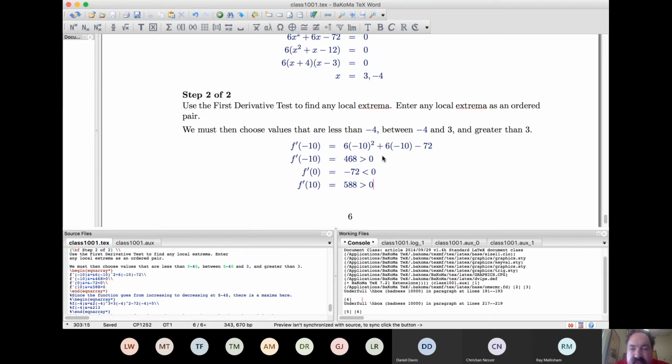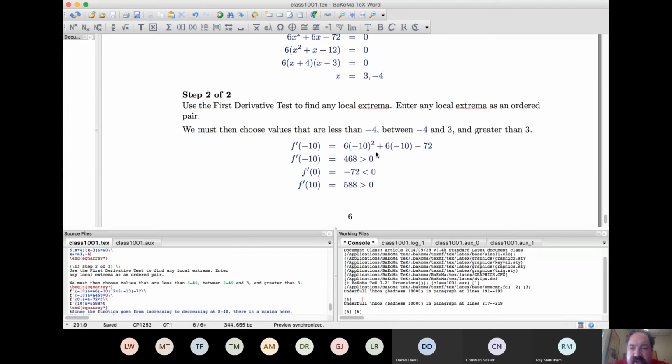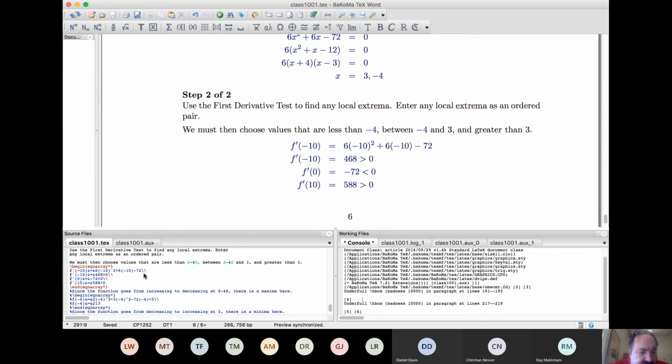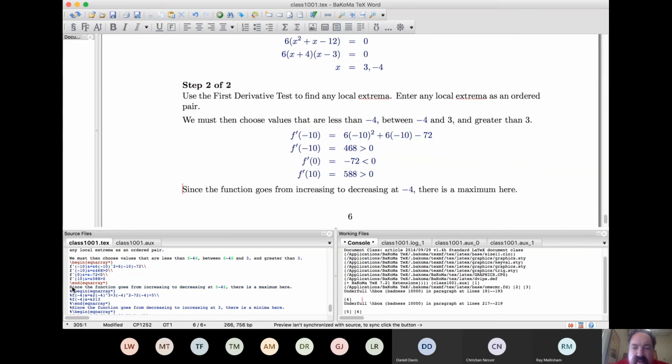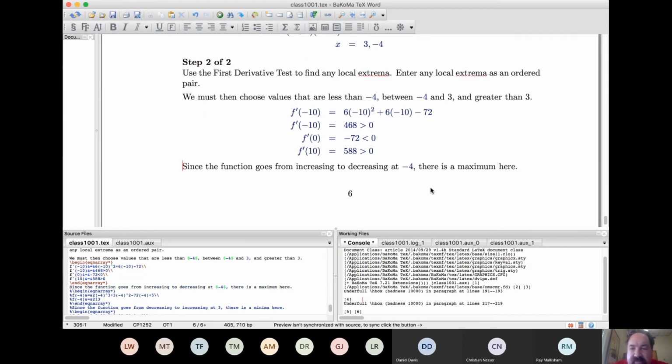Okay. So the leftmost critical value, minus 4, is between these 2 points. So since it's going from increasing to decreasing, so up then down, then at that point, that would be a maximum.